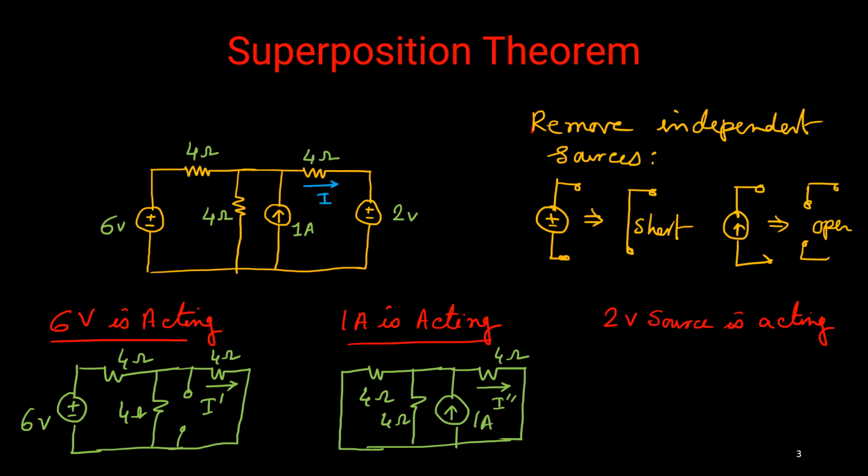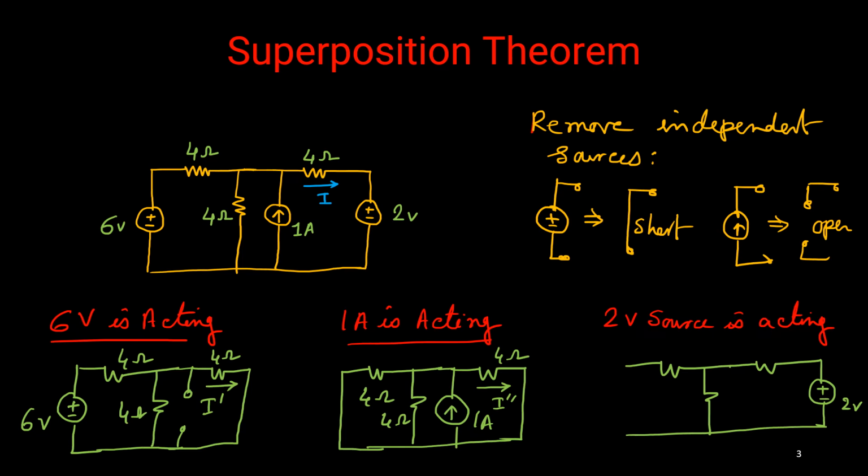One more time we should repeat for this 2 volt source. So when we consider this 2 volt source, then we will remove the 6 volt source by short circuit, and this current source by open circuit. So the circuit will become: this one resistance, this resistance, this resistance, and this is your 2 volt source.